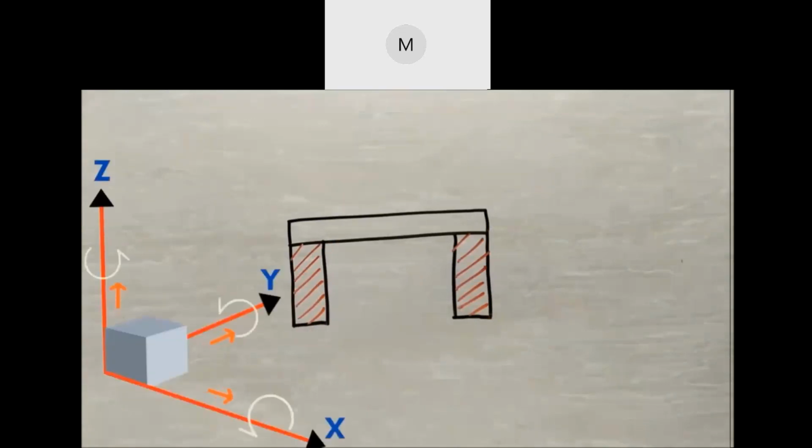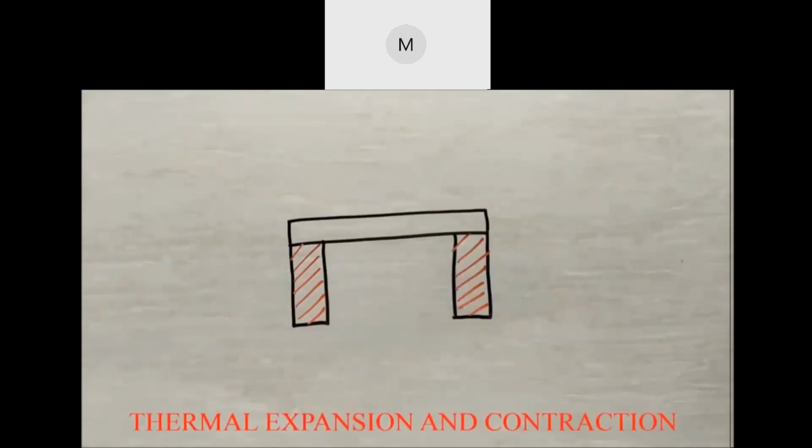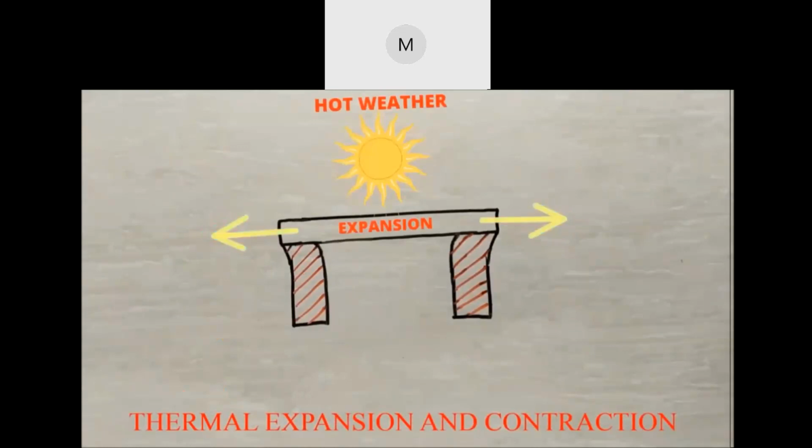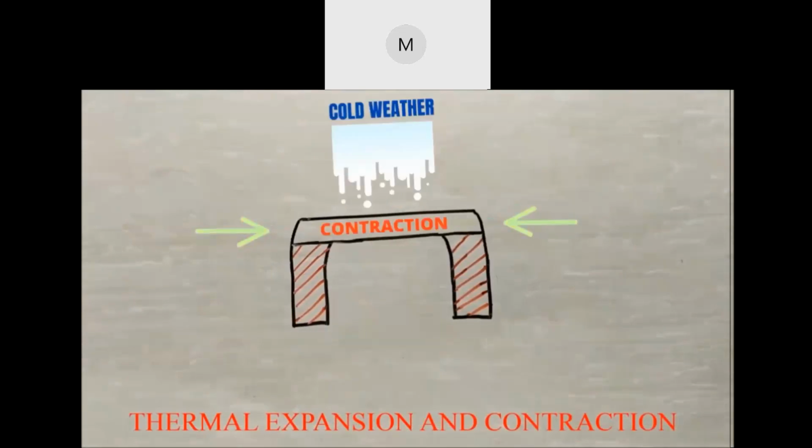Structures were previously considered to be rigid and immovable bodies until the end of the 18th century. But with the passage of time, engineers realized that there are dimensional changes and deformation in the structure due to various factors, which are thermal expansion and contraction. We know materials expand when they are heated. In hot weather, bridges having a long span expand and push the supports, and materials contract when they are cooled.